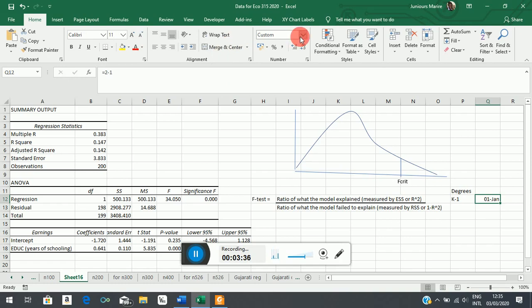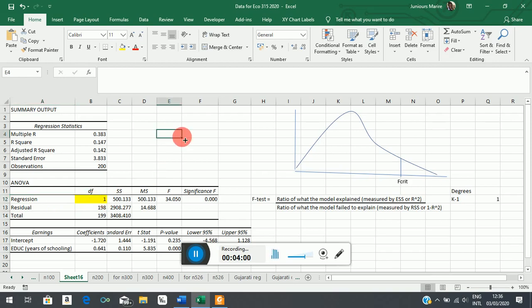So we have 1 degree of freedom for the model. This is what you see here. They are saying we estimated 2 coefficients, but one of them was the constant, so we take it out.